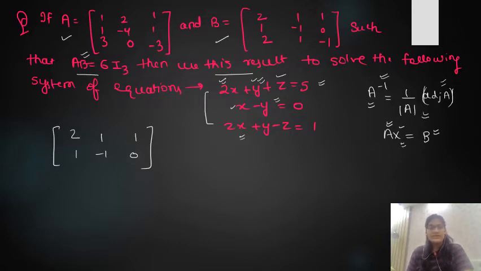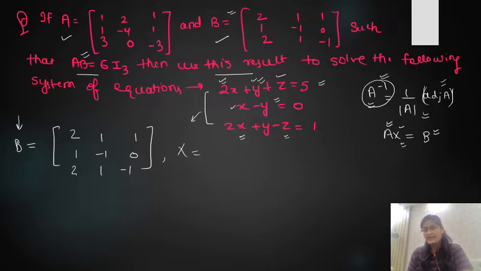Then in the third equation, the coefficient of x is 2, the coefficient of y is 1, and the coefficient of z is -1, right? So you can clearly see that this is nothing but B itself, right? This is B. Now, what you have to find out is not A inverse, instead B inverse, because this is the matrix which is formed by these three equations.